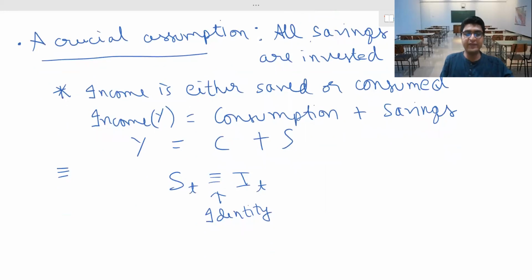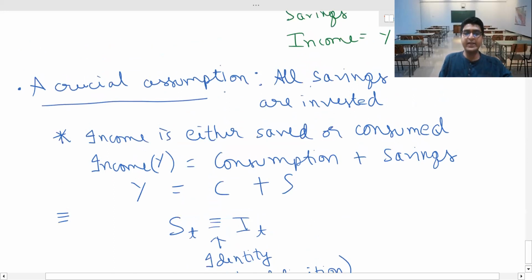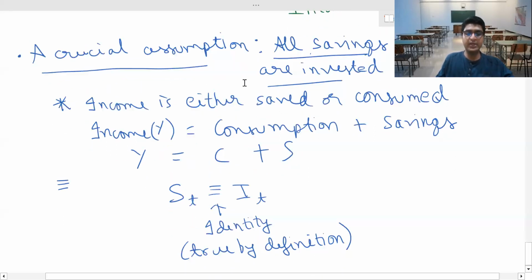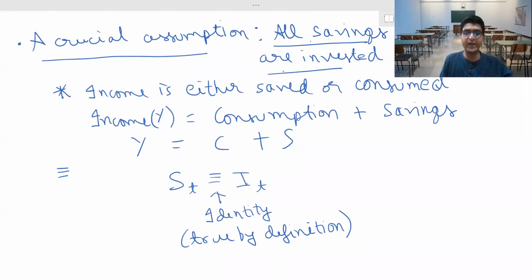Something that is true by definition. Okay, so I already defined here that all savings are invested. So that basically implies that savings will always be equal to investment. Okay, so that's an identity. So this is something that is true by definition. I have already defined it.